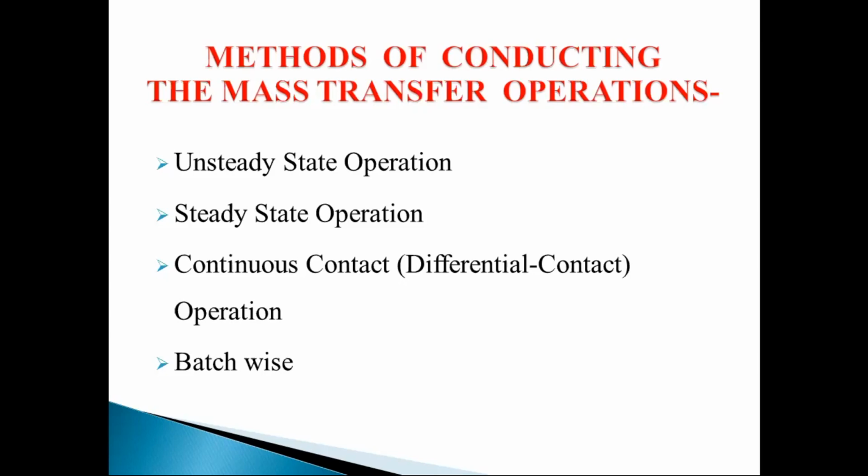I can say it is the characteristic of steady state operation that concentration at any position in the apparatus remains constant with time, means there is no variation in any property with variation in time, but in unsteady state operation there is a variation with time. So this is a major difference between unsteady state operation and steady state operation.